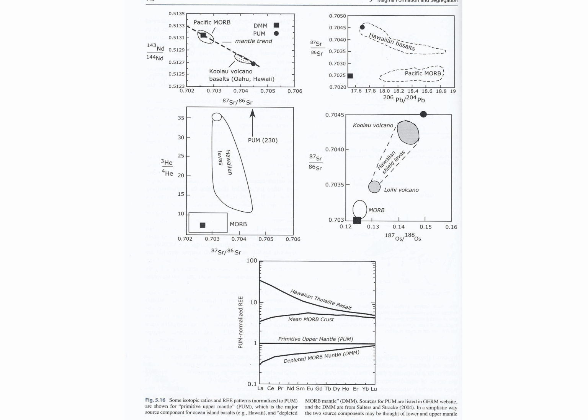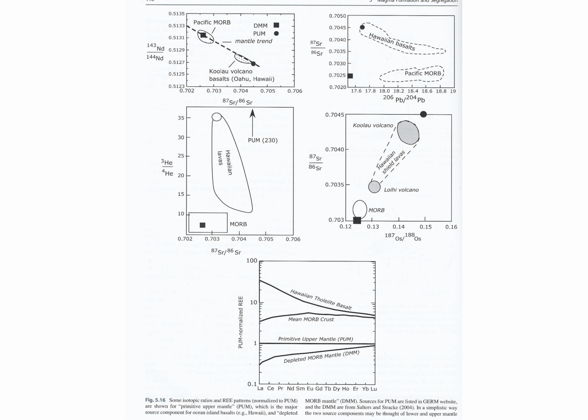Here we have another diagram, where they are using isotopes. Here we have 143 neodymium to 144 neodymium on the y-axis, and on the x-axis the 87 strontium to 86 strontium ratio. And on the left-hand side we have the 87 to 86 ratio, and here the lead 206 to lead 204.